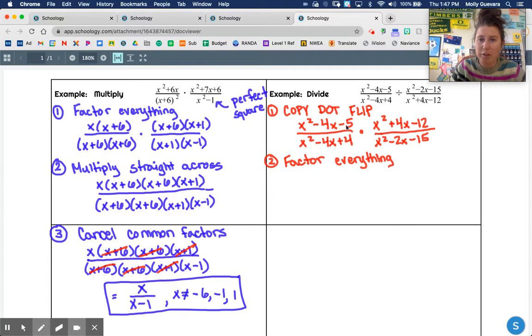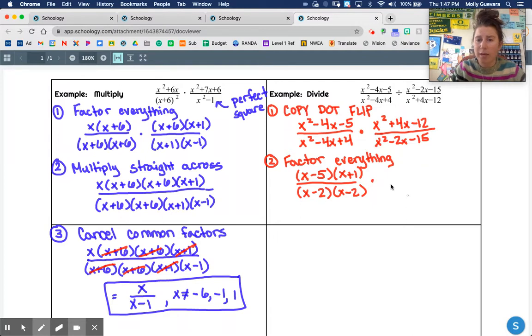The top left, two numbers that multiply to negative 5 and add to negative 4 is negative 5 and positive 1. So x minus 5, x plus 1. Two numbers that multiply to positive 4 and add to negative 4 is negative 2, negative 2. So x minus 2 and another x minus 2.